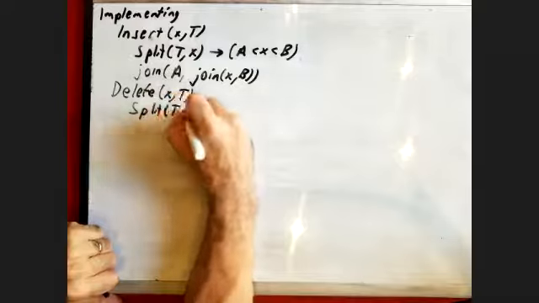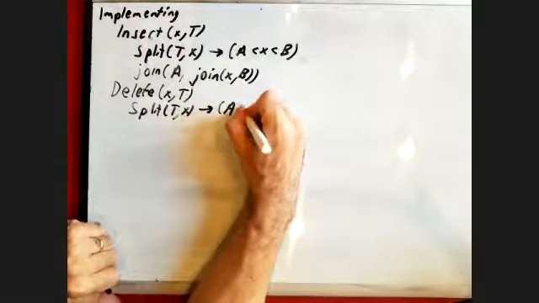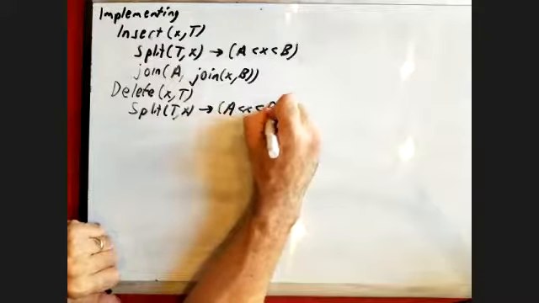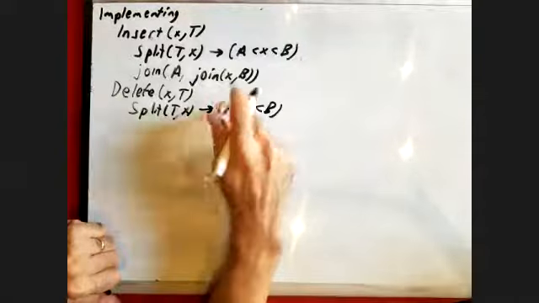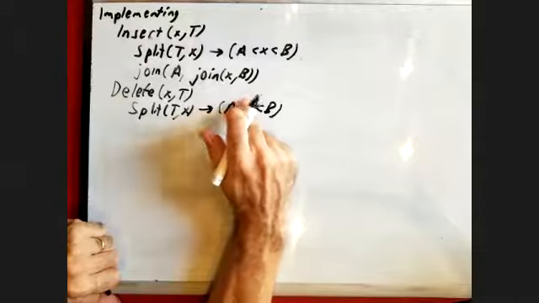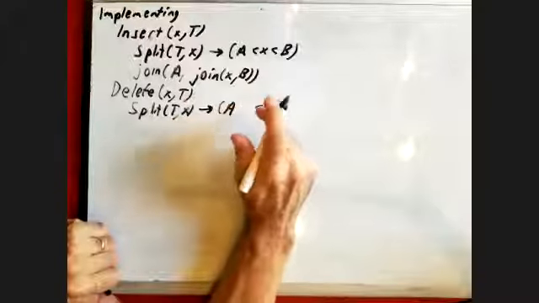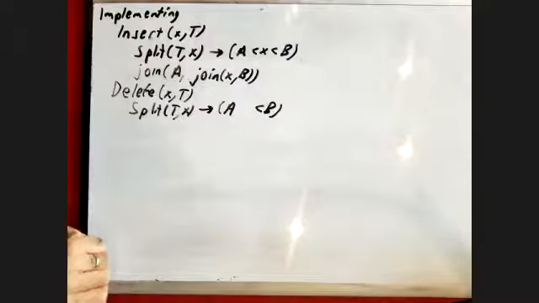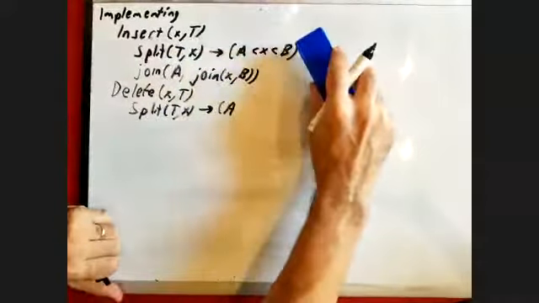Exactly. Split T at X. Again, it gives us A and B. Actually, the way we defined it, notice that X will be in A, right? Sorry, again, I'm working with two different definitions of split and join at once, which is a bad idea.